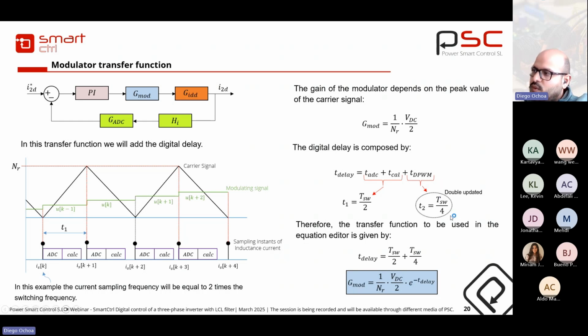That is equal to a quarter of the switching period for double update. So in that case, for the transfer function of the modulator, we have the static gain of the modulator, and we are also taking into account the transport delay. And here you can see.